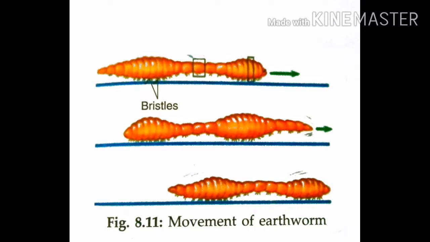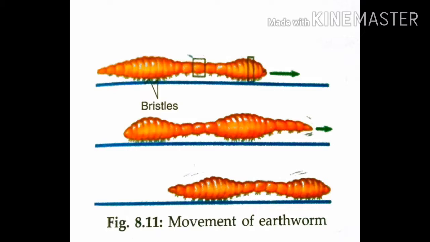The muscular movement pushes their blood in the direction of the body movement. This movement of blood makes the body move.